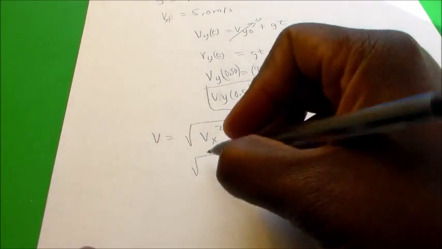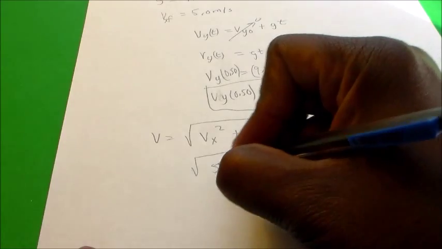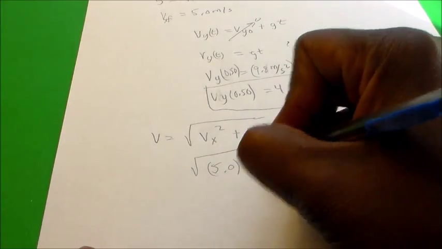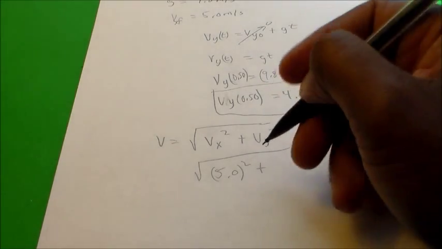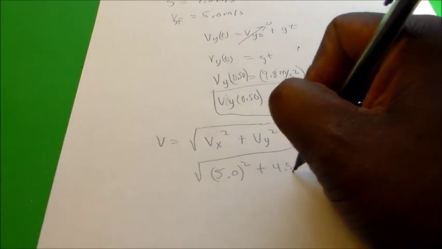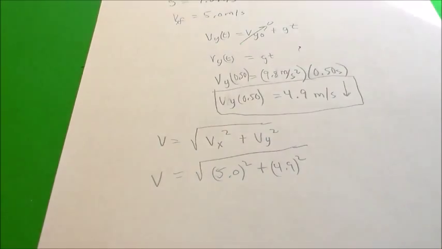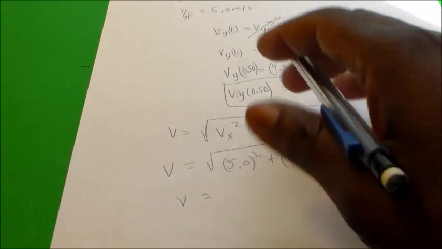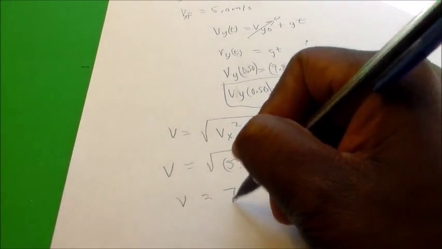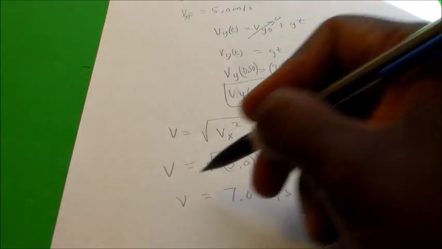When we take the square root of that, we know that in the x direction it is 5.0 meters per second, and in the y direction it is 4.9 meters per second. When we calculate this out, and I've already calculated it, you're going to end up with a velocity of 7.0 meters per second, okay?